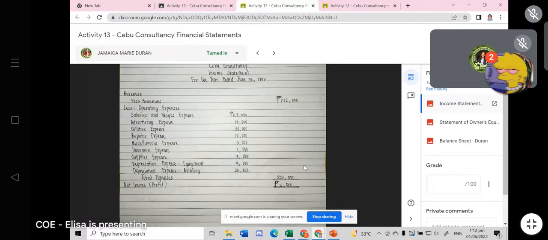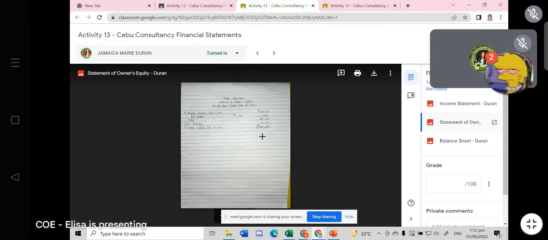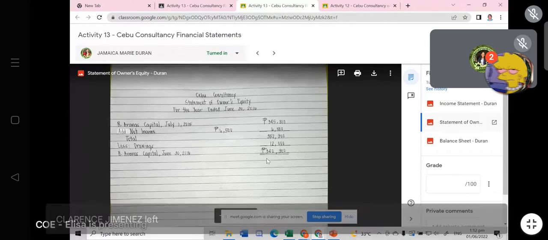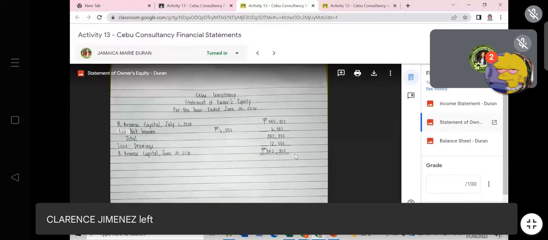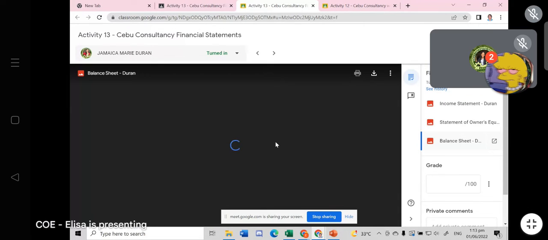The same number, 6,005. So that's your income statement. Let's go to owner's equity. Okay, that's correct. You have your 345 plus 65 and less drawings, so 340,300. So that's correct. And then let's go to balance sheet.